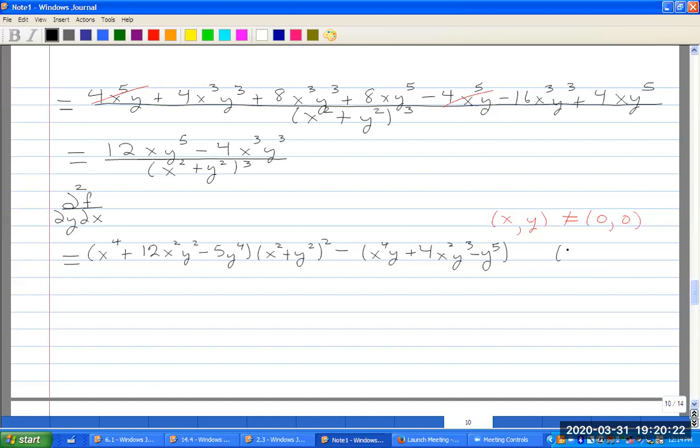Again, this will be bring down the 2 times x squared plus y squared to the first times the derivative of what's inside, which is a 2y, so that becomes a 4y. All divided by my denominator squared.